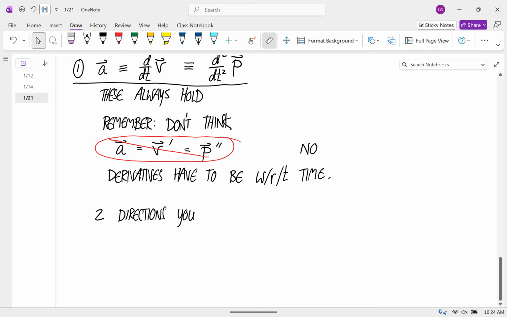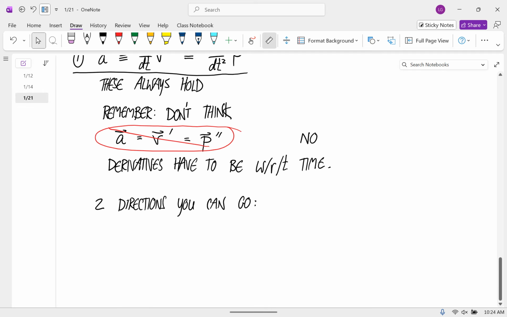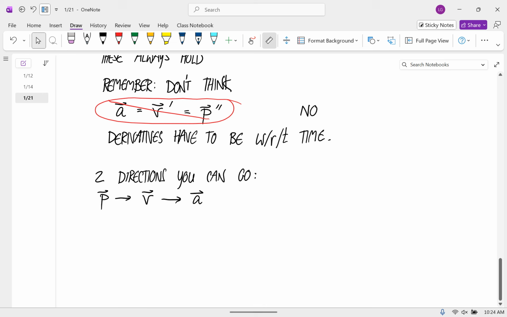Okay, so there's two directions you can go. If you're given the position vector and you want to go then to the velocity vector and maybe then to the acceleration vector, this is the easier of the two, because you don't need boundary conditions.